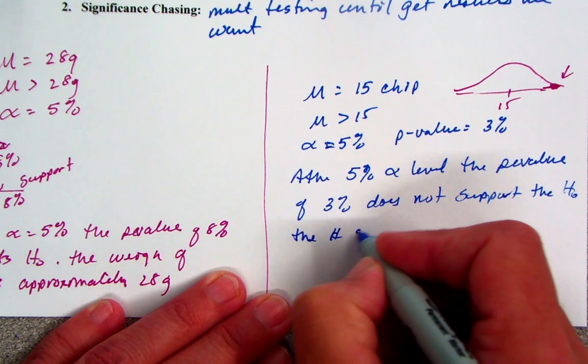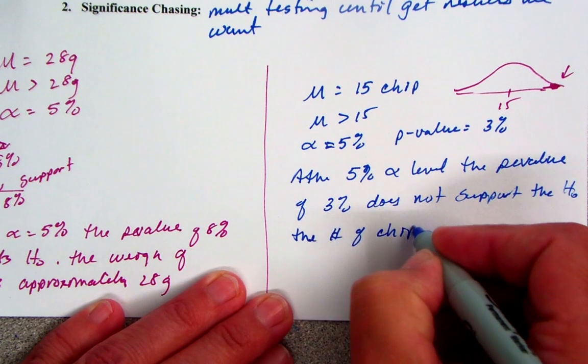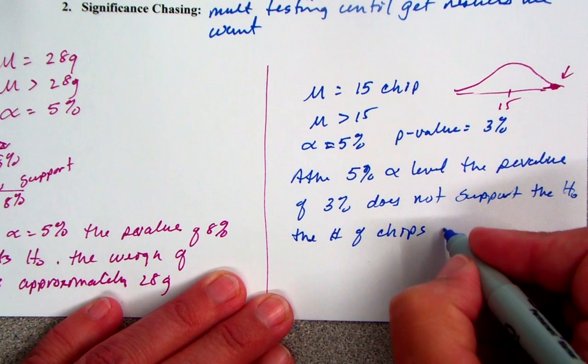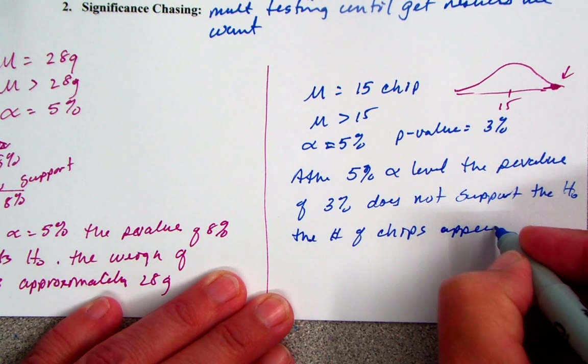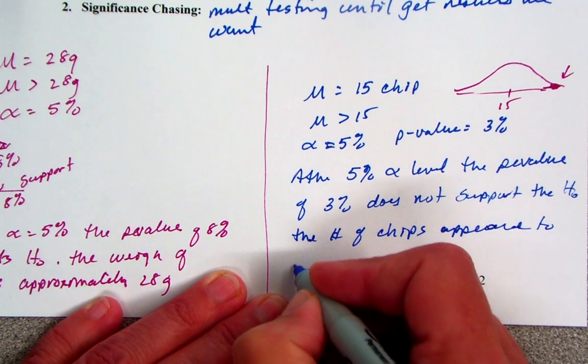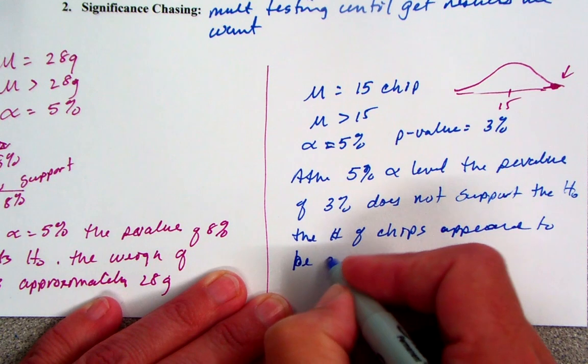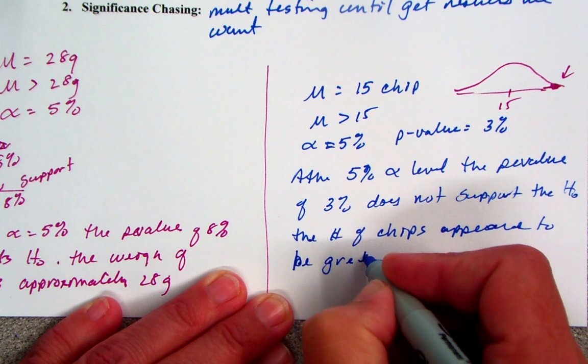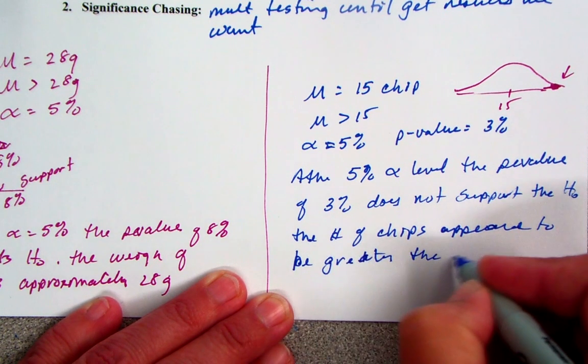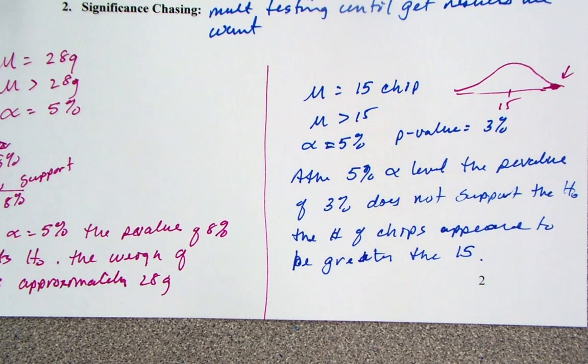The number of chips, or chocolate drops, if you will, appears to be greater than 15 drops. So you have to state what it is you're supporting or not supporting, at what level and at what p-value.